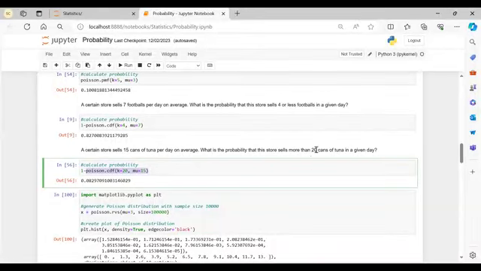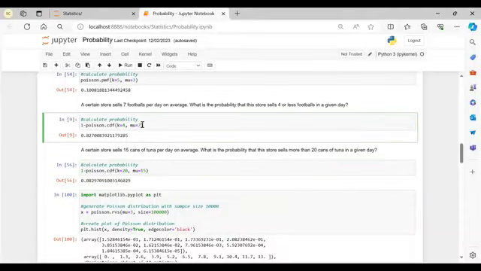So here I've taken first Poisson.CDF of k equal to 20. So what it will do, it will calculate the probability of k equal to 20 or less than 20, right? And that probability I'll subtract from 1 to get the probability of k greater than 20. I hope you guys are following, right?